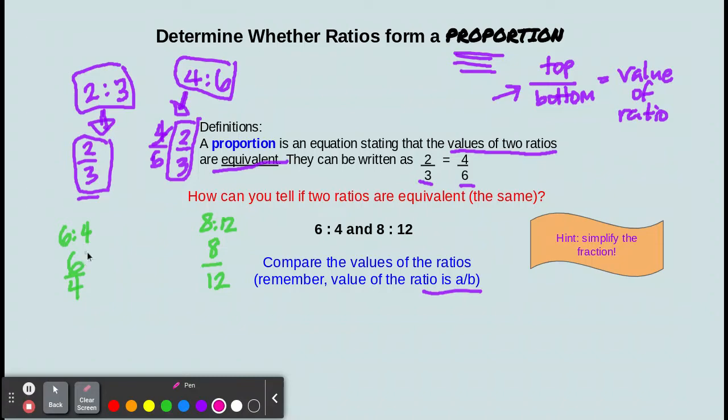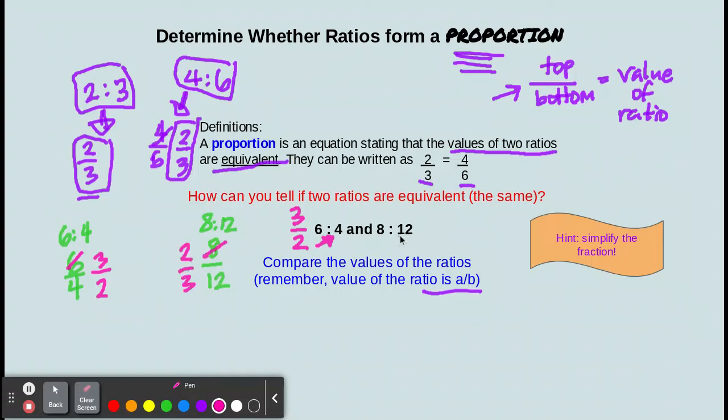6 divided by 2 is 3. 4 divided by 2 is 2. Okay, so the value of this one is 3 halves. Now the value of this one, let's see, 8 twelfths. They can both be divided by 4. So 8 divided by 4 is 2. 12 divided by 4 is 3.